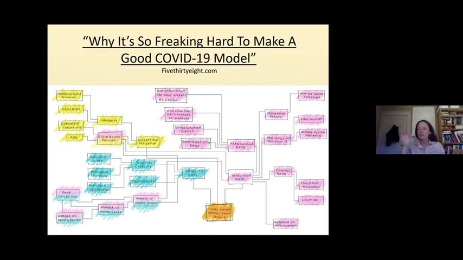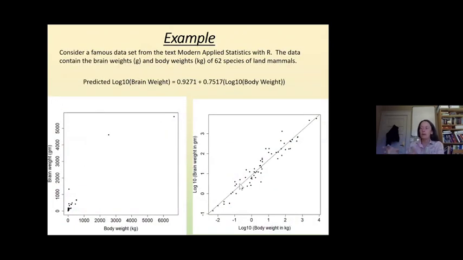A lot of times we can get away with modeling where we take just 1, 2, 3 variables. It's not going to be perfect, but it gets the overall amount of variability that we need to be able to make decent predictions or basic conclusions.